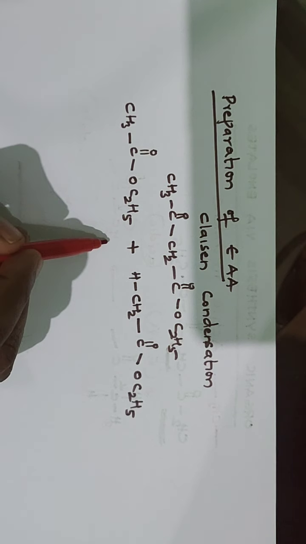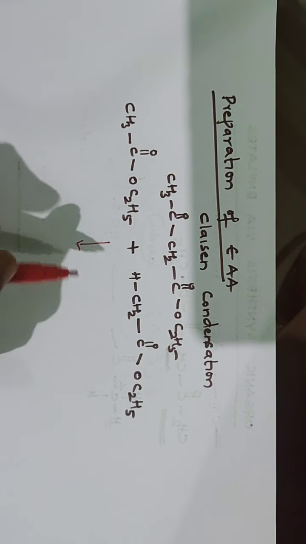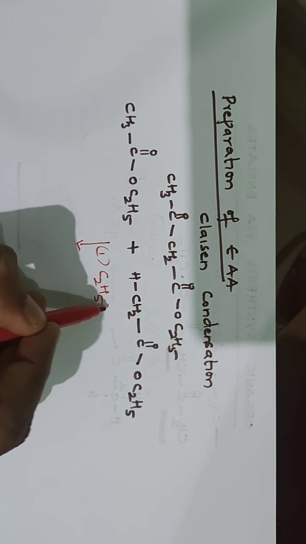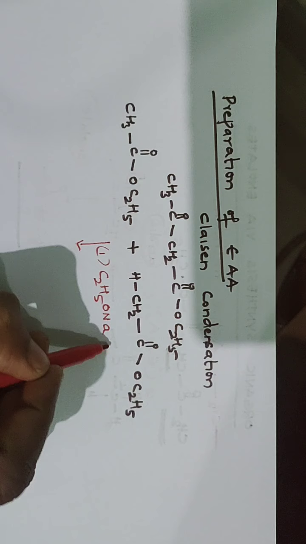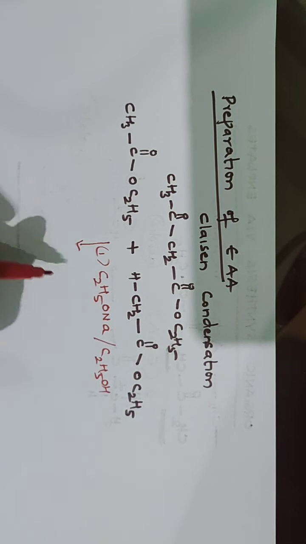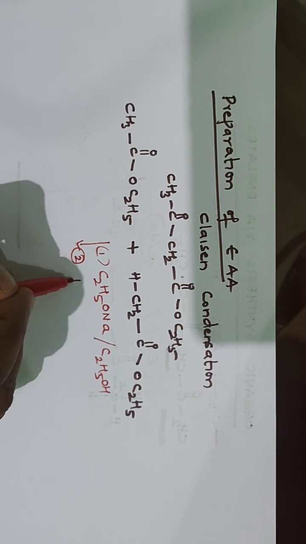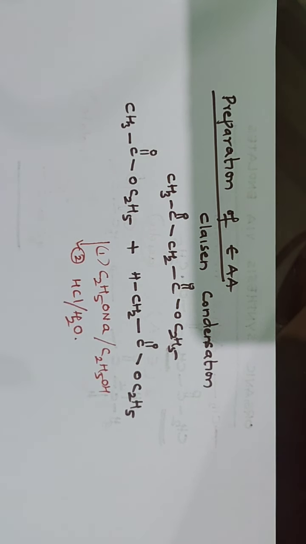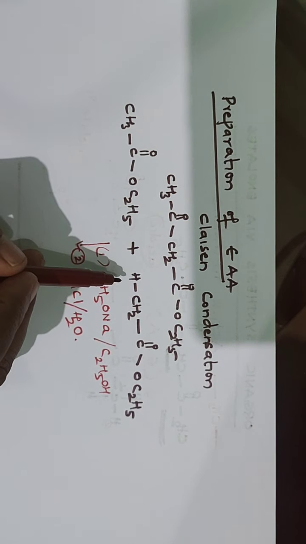Ethyl acetate, when treated with a base, that is ethoxide, in the presence of ethanol, followed by acidification, will give you ethyl acetoacetate. So they undergo self condensation.